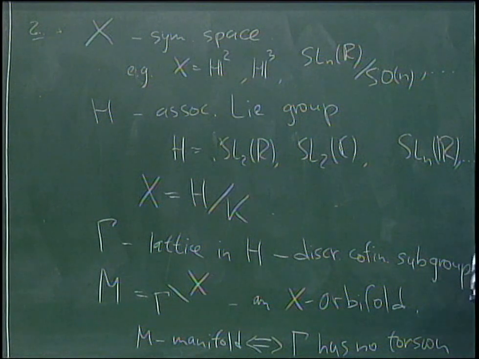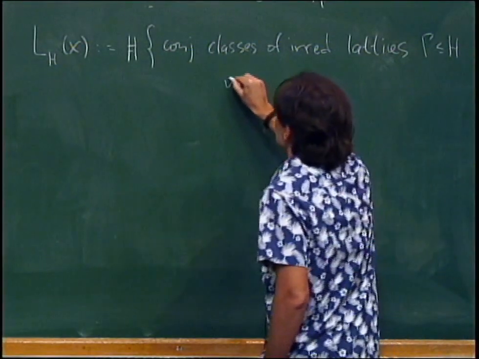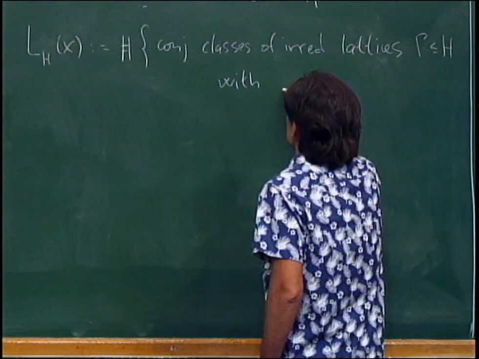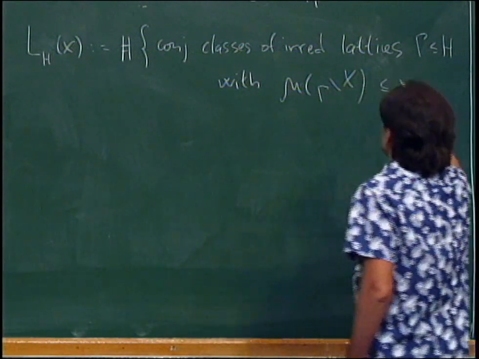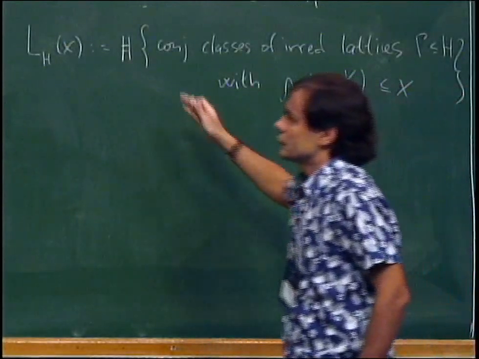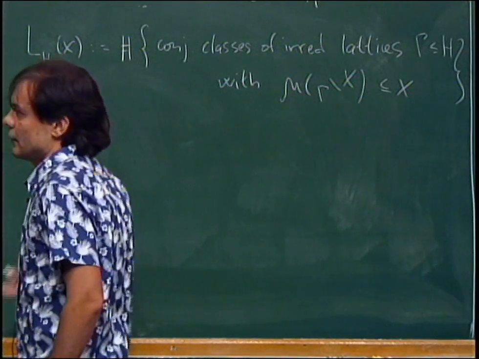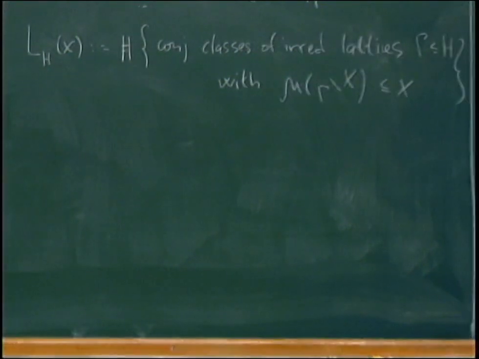And now let me introduce two counting functions. LH of X will be the number of conjugacy classes of irreducible lattices gamma in H with covolume, so mu X mod gamma, bounded by X. Okay, well, in this example, it is infinity.